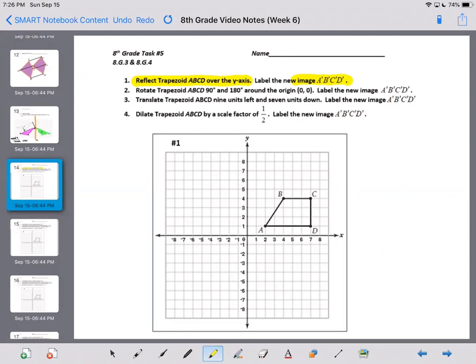So it wants us to reflect. All right, so now we've got 2 units from the y-axis to A. We've got 4 units from the y-axis to B. So I need to do the same thing. So 2 units, there's 4 units. So this is going to be A prime, and this will be B prime.